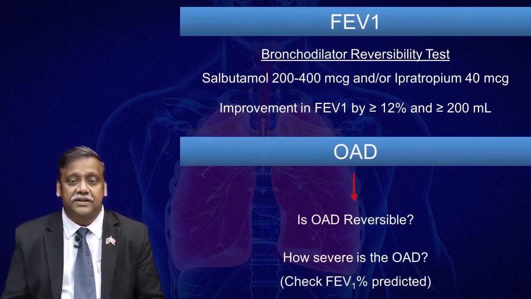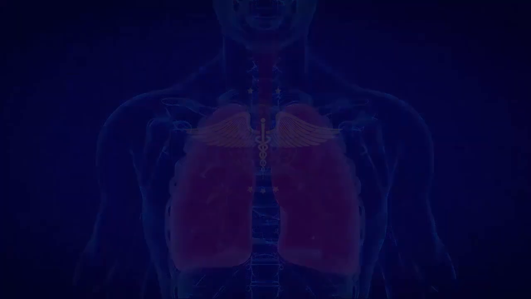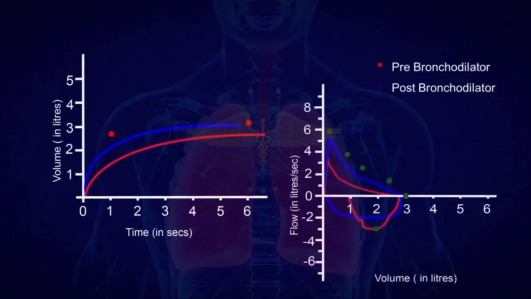Now, before we do that, here is a graph of a patient, pre-bronchodilator and post-bronchodilator. Pre-bronchodilator is in red, post-bronchodilator is in blue. You can see the volume time graph and the flow volume graphs. Those red dots, do you see that? The one on the left hand side, the first dot is the predicted FEV1 value, then this is the predicted FVC value.